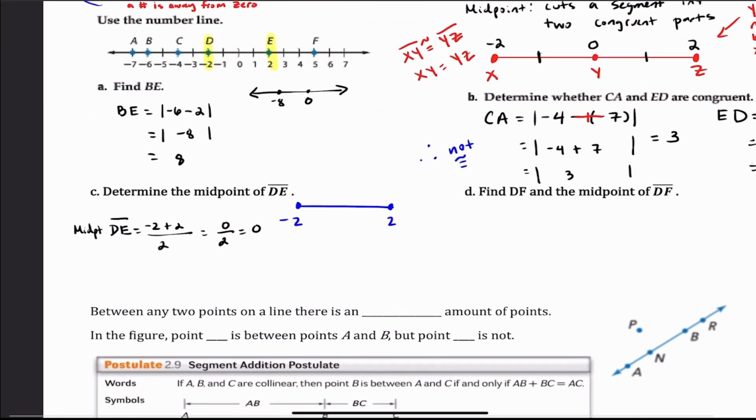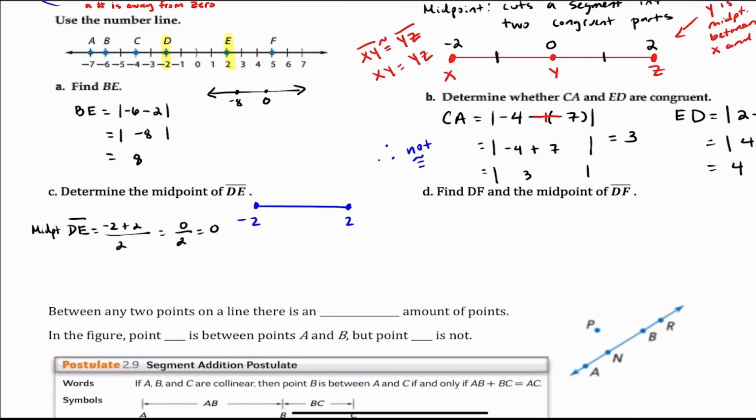All right, D, find the measure of DF and the midpoint of segment DF. I'm going to erase this and keep that. F is over here. So to find DF, I've got to find the distance between the two. So DF is equal to -2 minus 5.